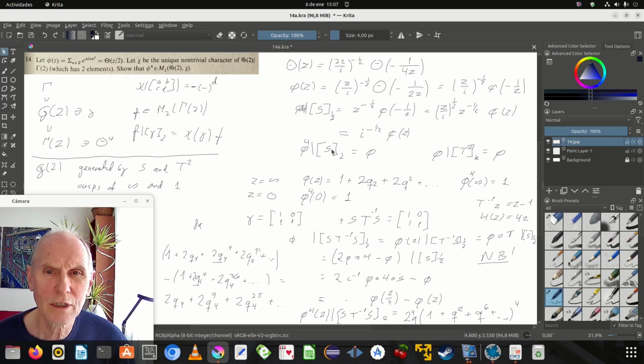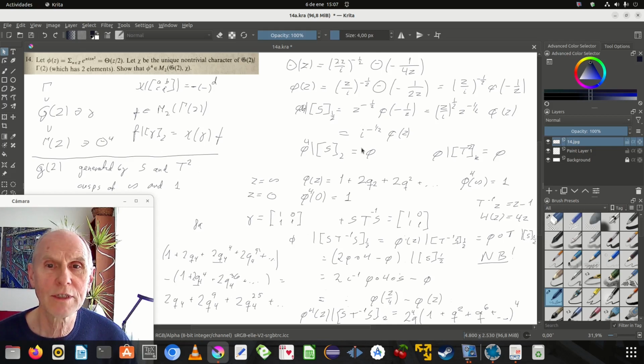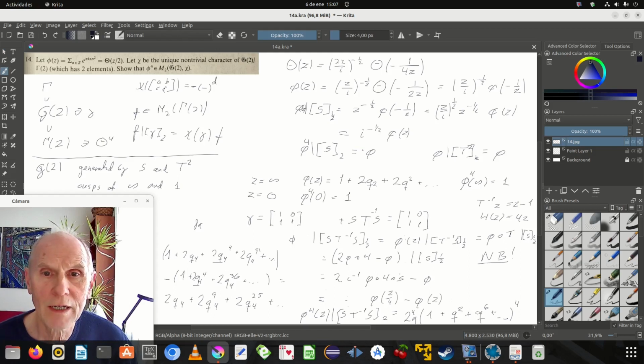Oh, that's weird. This is wrong. It's actually a minus, because this to the 4th gave i squared. So there's a minus here. And that's exactly the point. That finishes the proof.